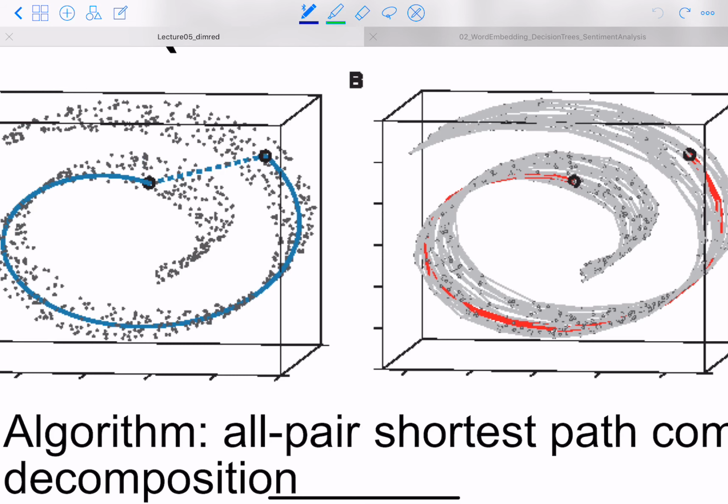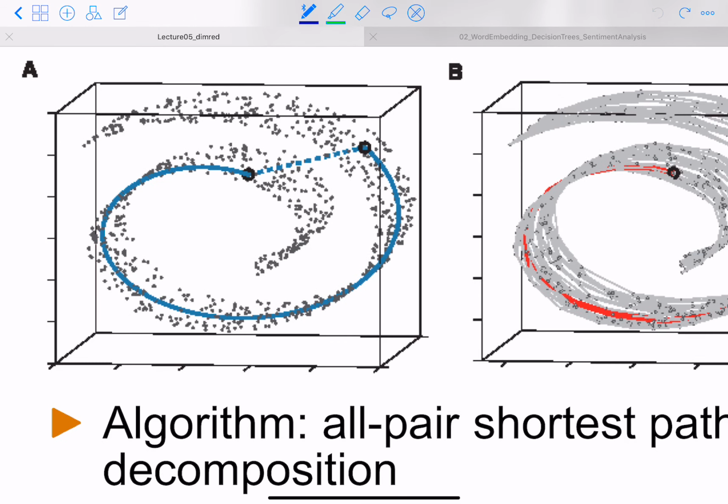But here, if we imagine this kind of manifold structure, this part is a region where no images exist. So along this direction, we shouldn't compute their distances, following the route where there exist no real face images.